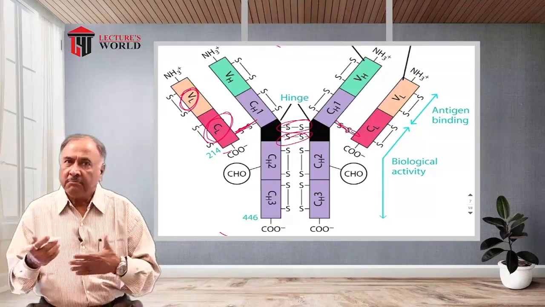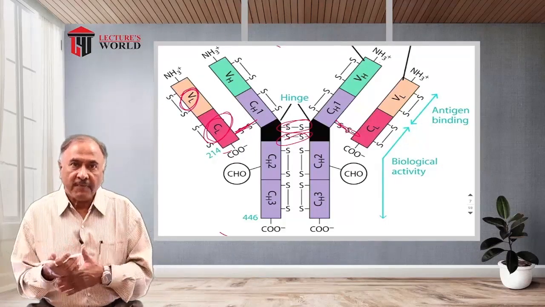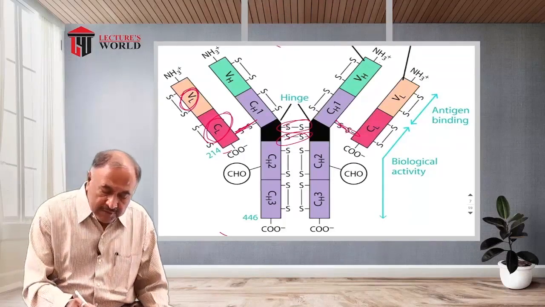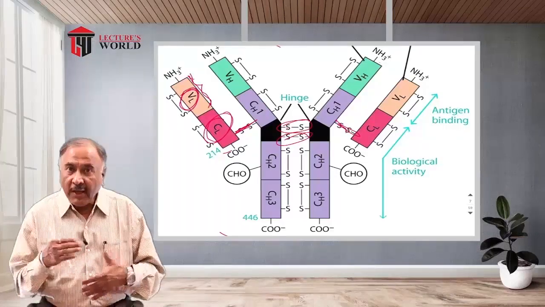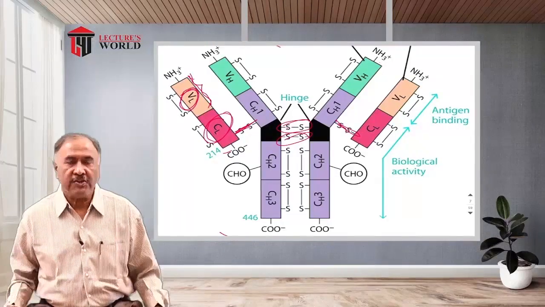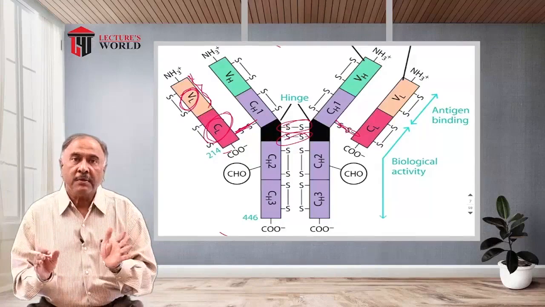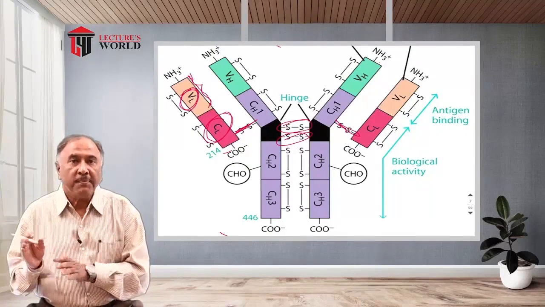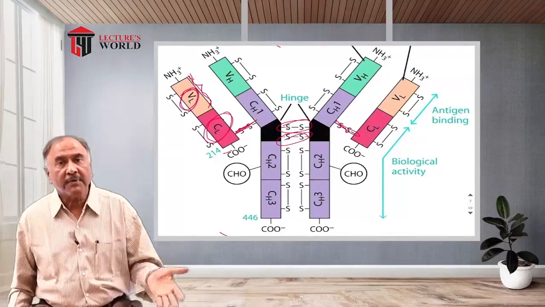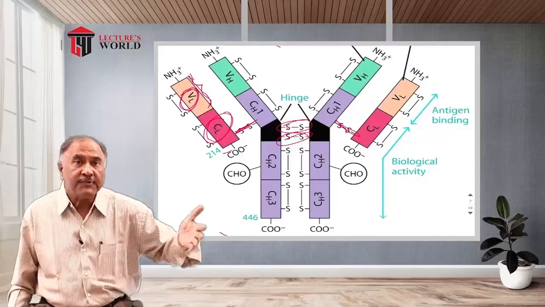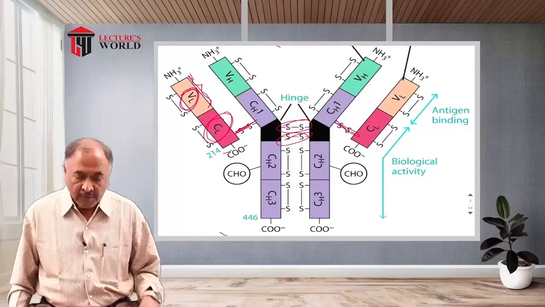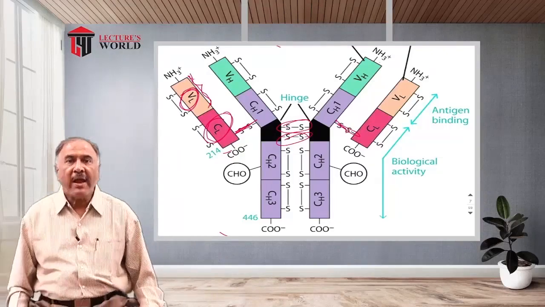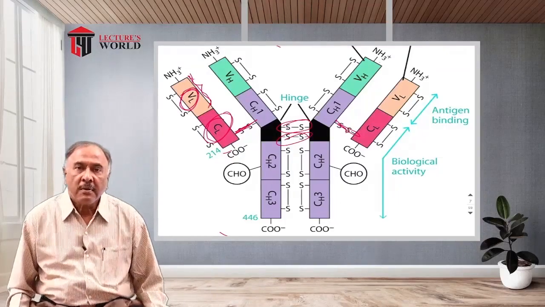Variable means it must be changing. So, the amino acids located in this region change depending upon the type of immunoglobulin produced by different immunogens. So that is why it is known as variable.